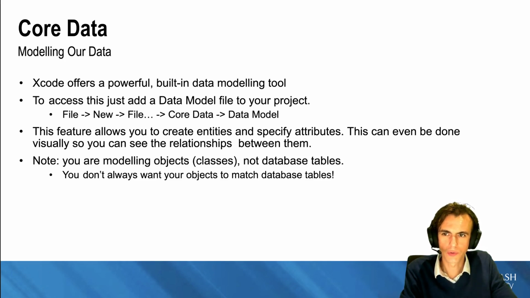The modeling tool built into Xcode allows you to create entities and specify attributes, which are basically like properties. You can do this visually, so you can see a kind of entity relationship diagram where you can see the objects and their connections.